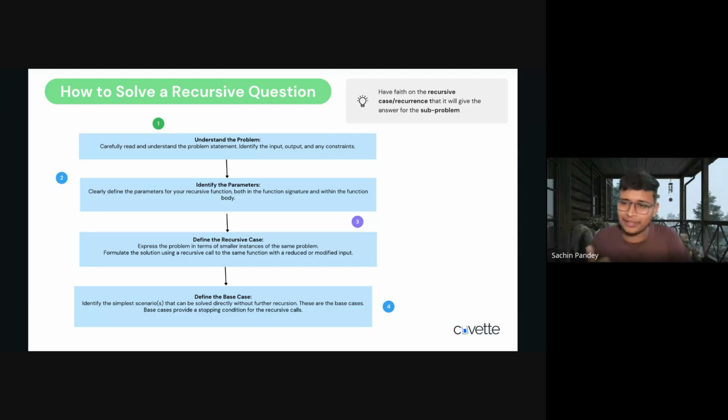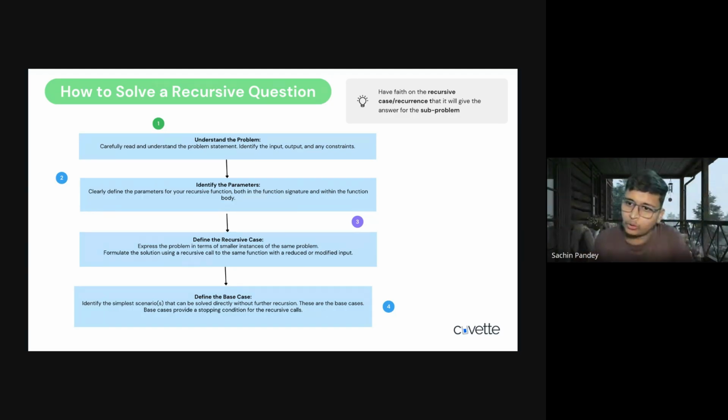Wherever you have repetitive tasks to do, like iteration, wherever you think a for loop can be applied, recursion can also be applied, or vice versa. Any iterative problem can be done via recursion, and any recursive problem can be done via iteration.